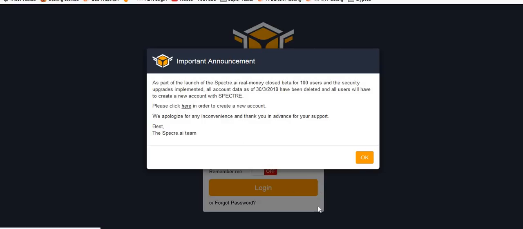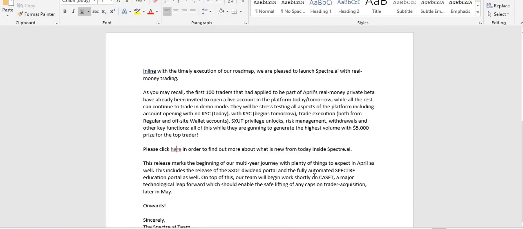I'm going to read you some information that they sent me via email. In line with the timely execution of our roadmap, we are pleased to launch Spectre with real money trading. As you may recall, the first 100 traders that applied to be part of April's real money private beta have already been invited to open a live account on the platform today and tomorrow, while all the rest can continue to trade in demo mode.